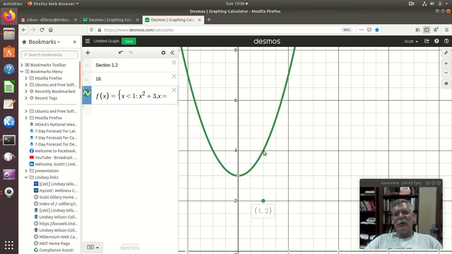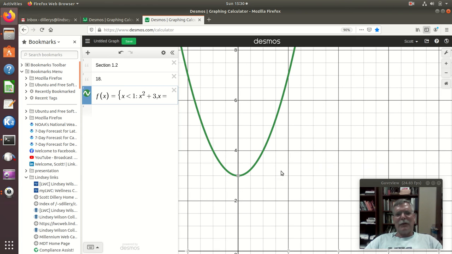Interesting how this works. When I actually hit it, look down below and you can see the 1, 2. Kind of strange how Desmos is working that way. It didn't show up right away, but if I put my mouse over it, it showed it.